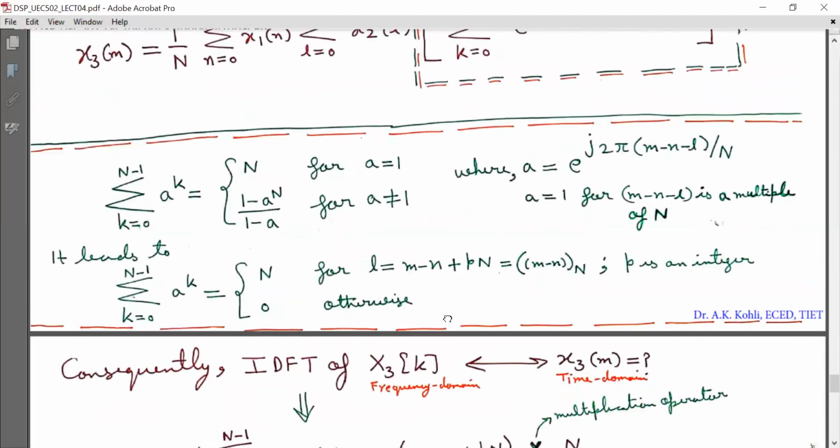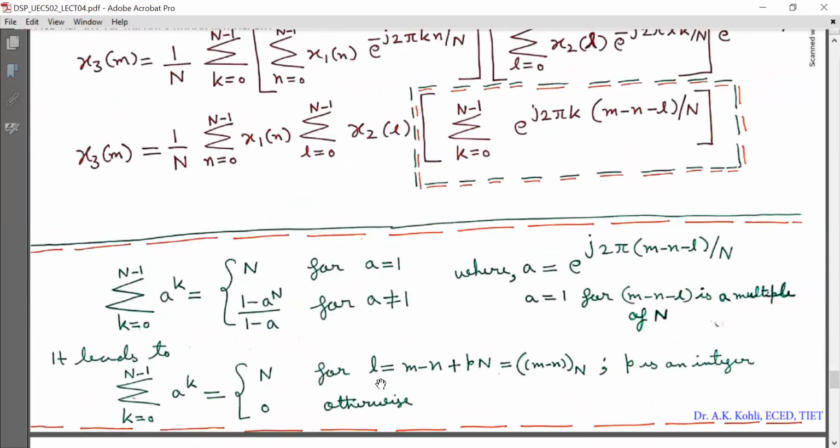This is very important. For a particular value of l, that is equal to m minus n plus pN, the value of this summation is capital N.